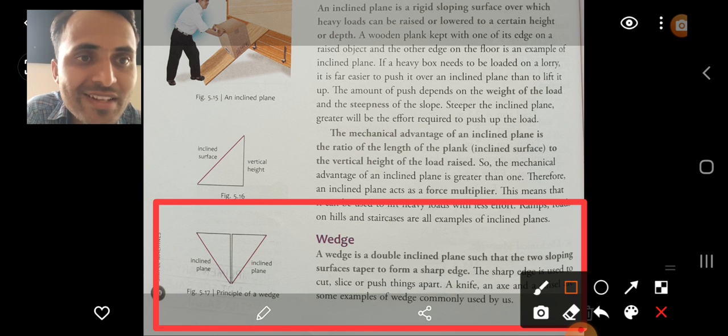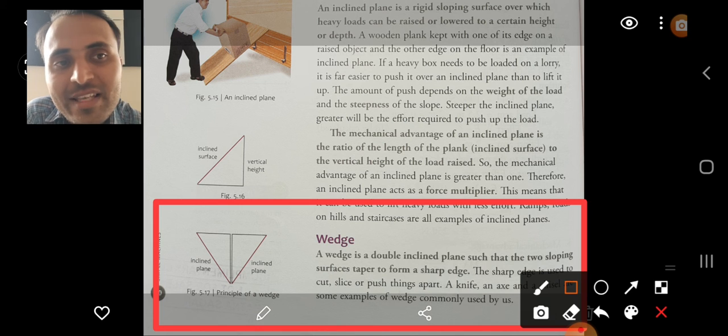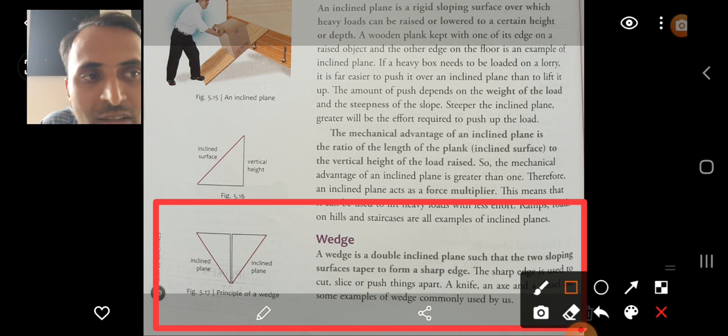Okay, for slicing or pushing things apart. So what are the best examples of the wedge? The knife and axe are the most common examples of the wedge, and we are using the wedge for cutting purposes or to make slices.